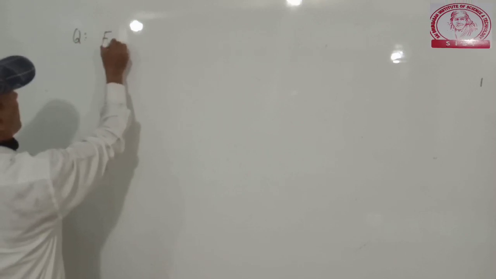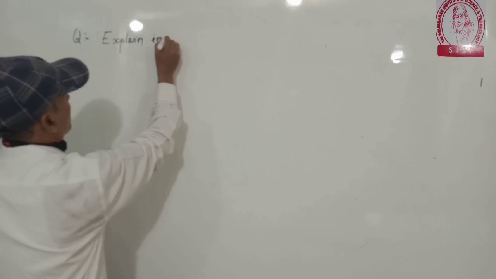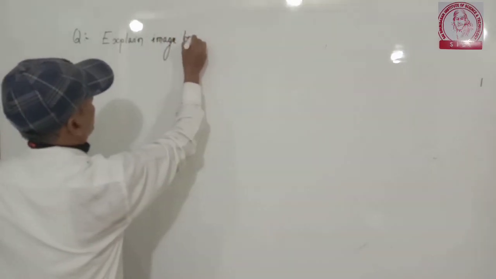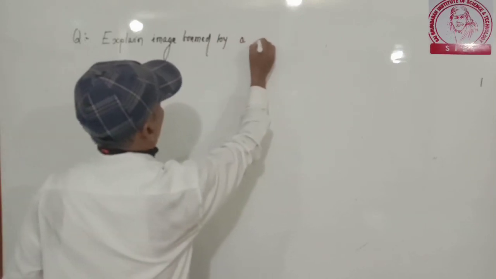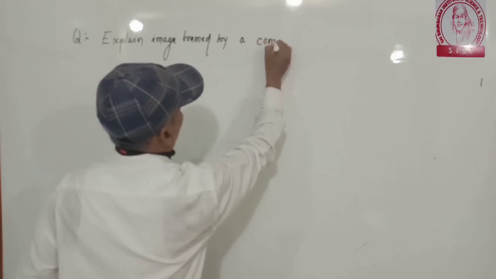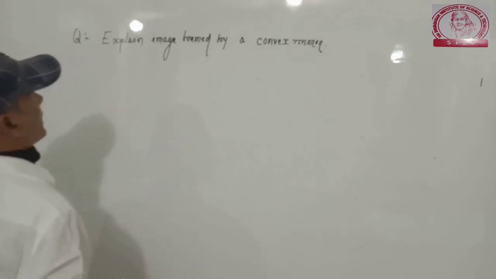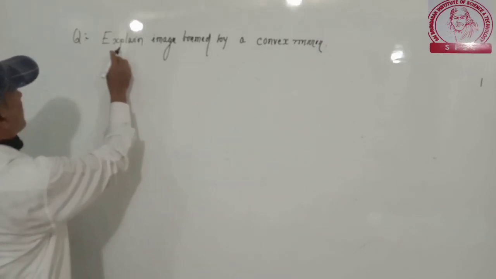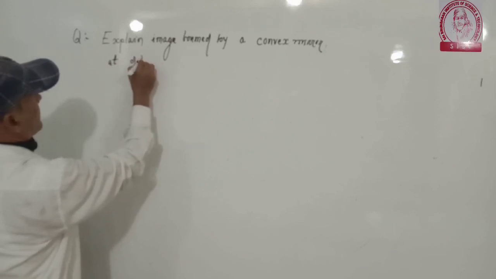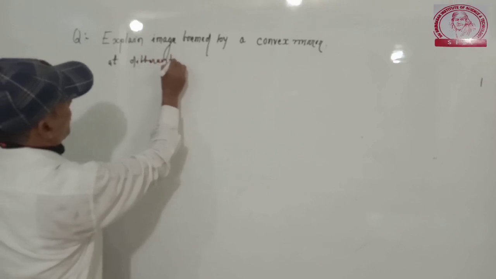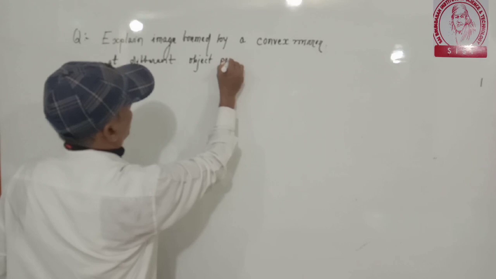Question: explain the image formed by a convex mirror at different object positions.